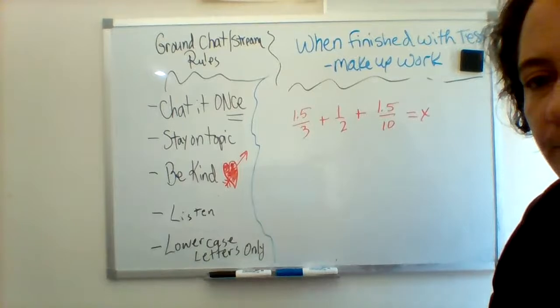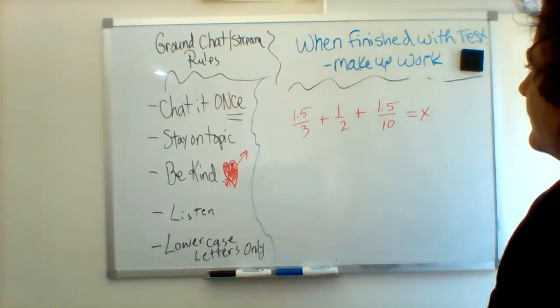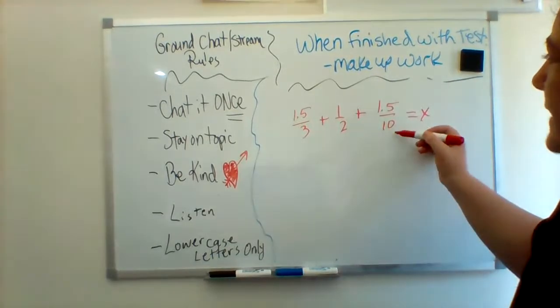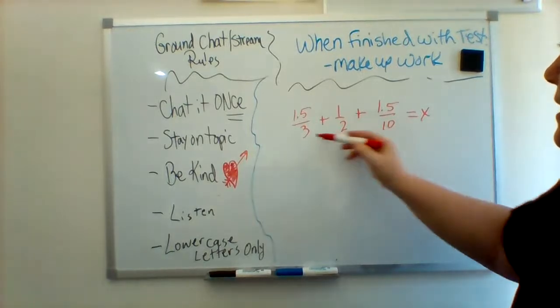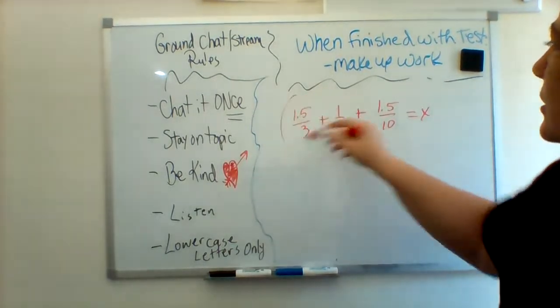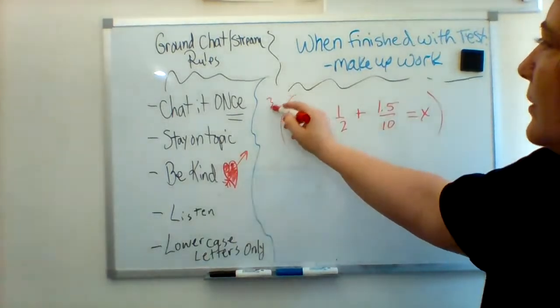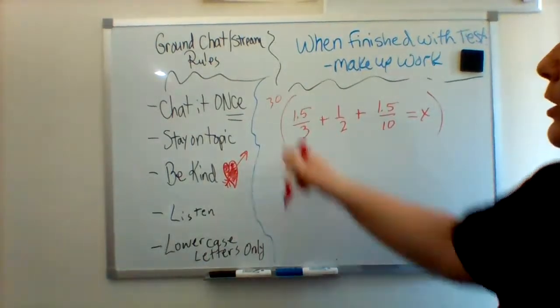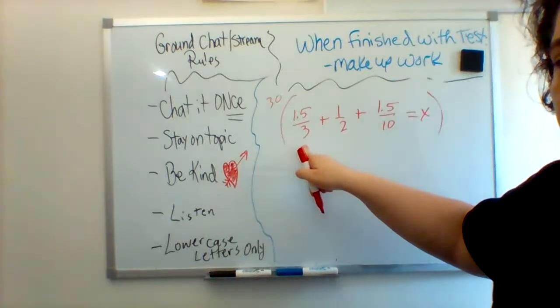How about 30? Because you go 10, 20, 30. So 20 still can't go into it, but it could go into 30, and so can 2. So let's multiply every single term by 30. 30 divided by 3 is 10.